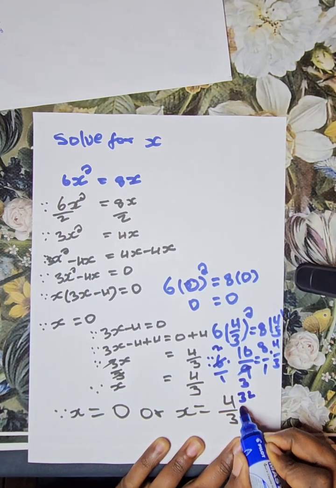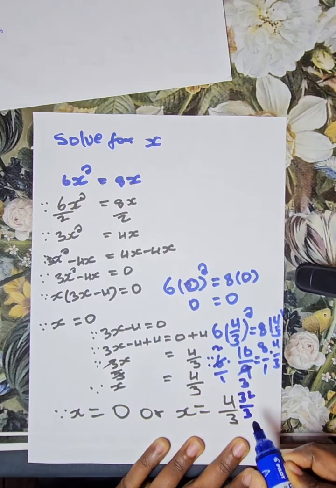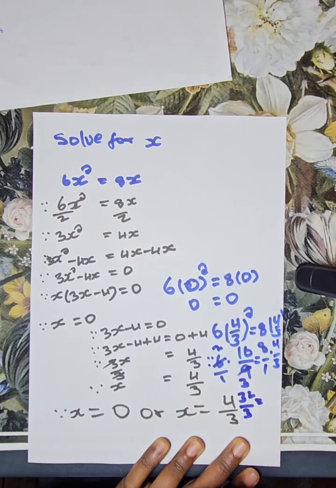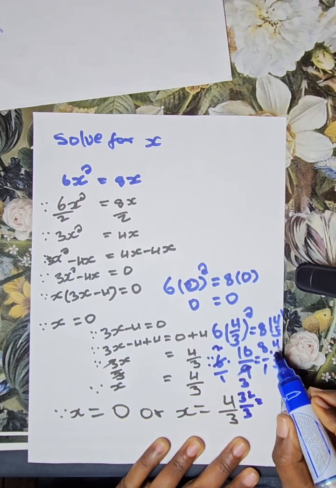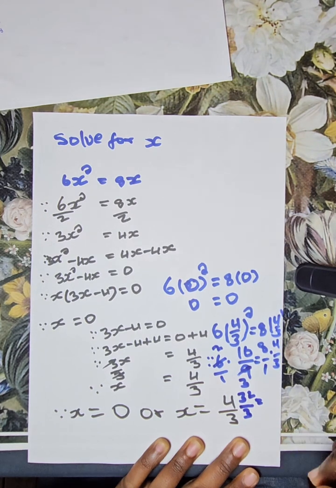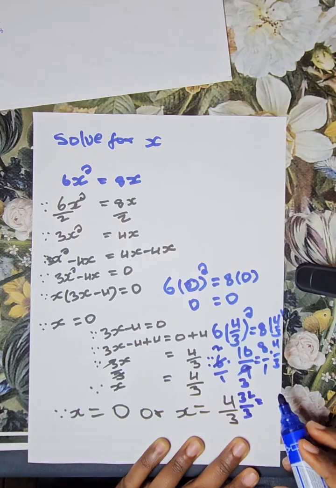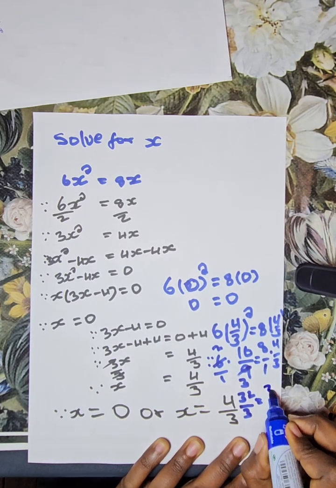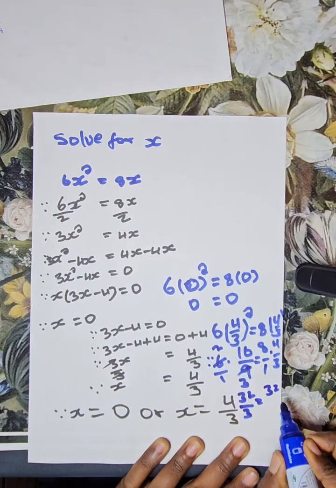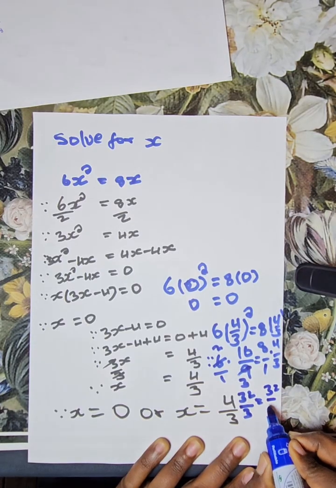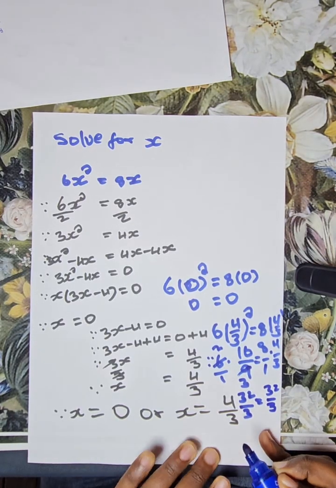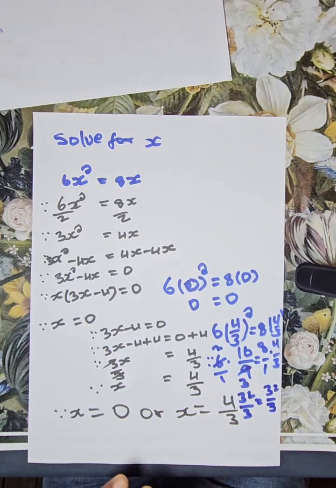And in the denominator we have 3. This equals, let's check our right hand side, 8 over 1 times 4 over 3. 8 times 4 gives us 32, and 1 times 3 gives us 3. Therefore 32 over 3 equals 32 over 3.